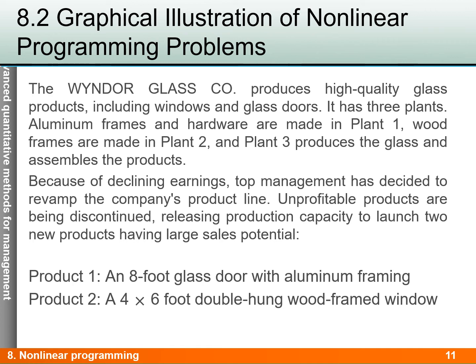And obviously the assembling happens in this plant. Because of declining earnings, top management has decided to revamp the company's product line. Unprofitable products are being discontinued, releasing production capacity to launch two new products having large sales, product 1 and product 2.